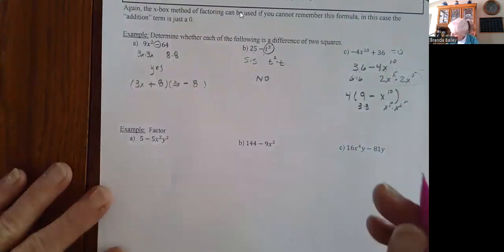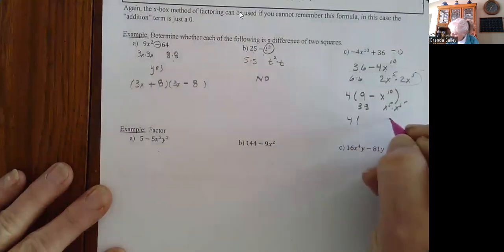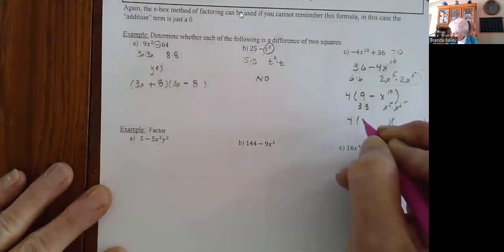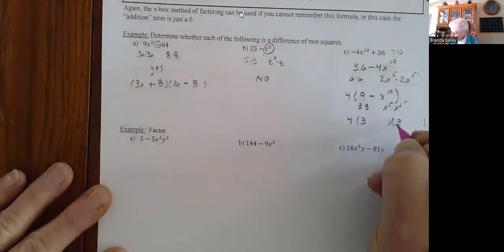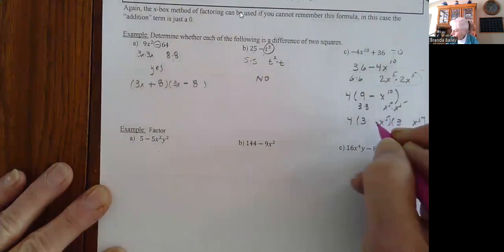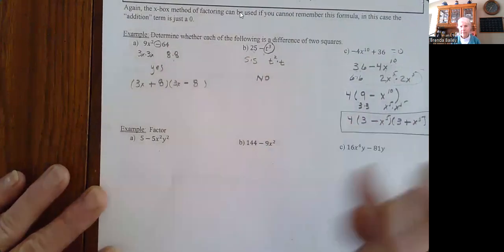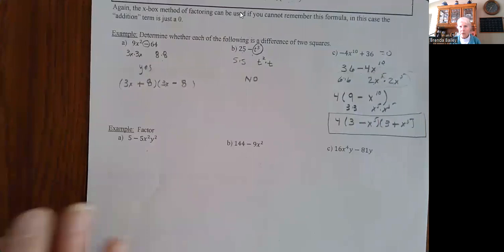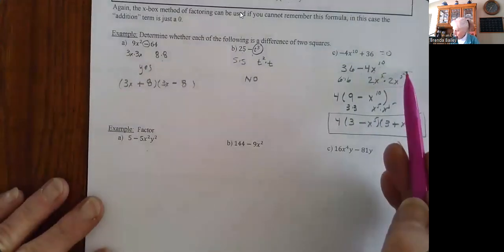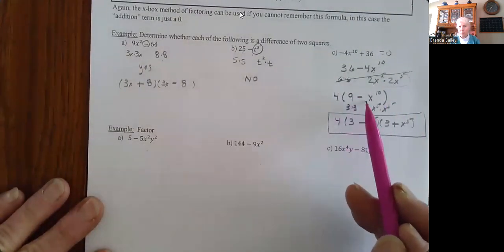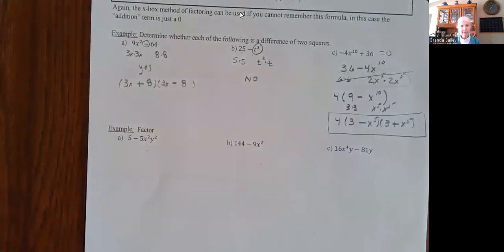Yes, it can. So you have a 3 and a 3, x to the 5th, x to the 5th. It doesn't matter where you put the minus and the plus. So ignore that and factor out a 4. I forgot to factor out the 4.